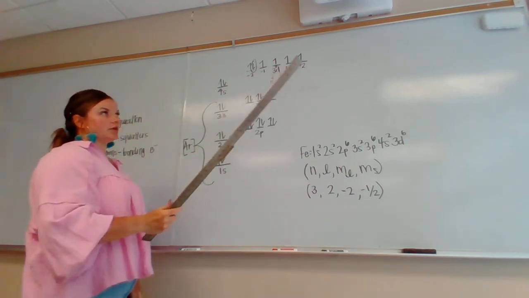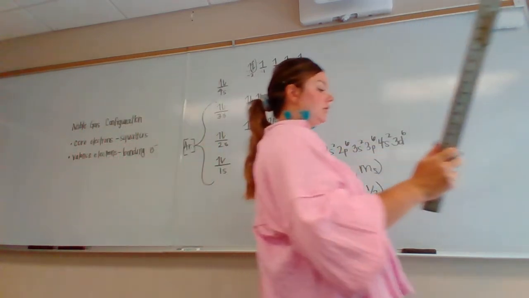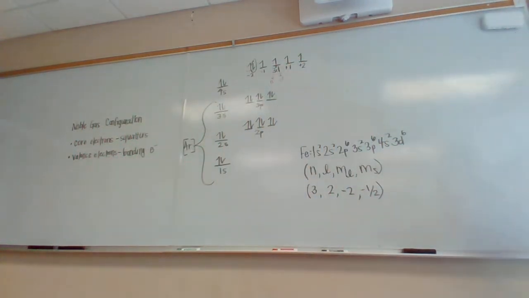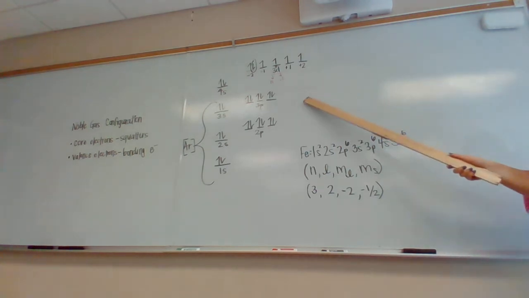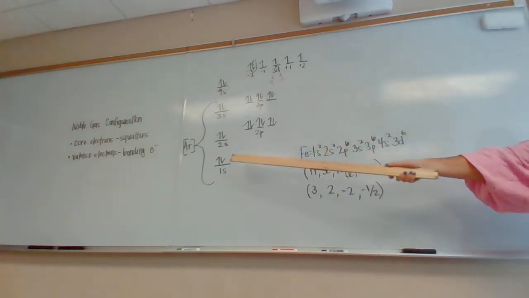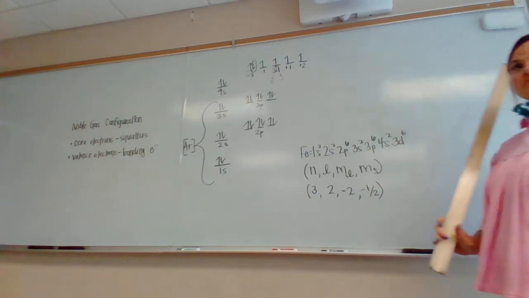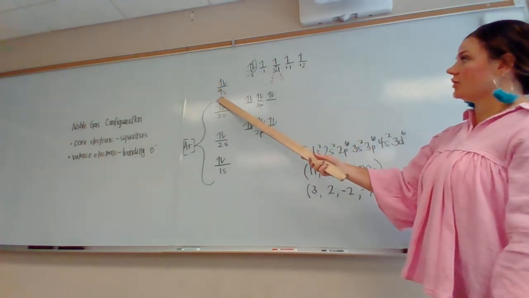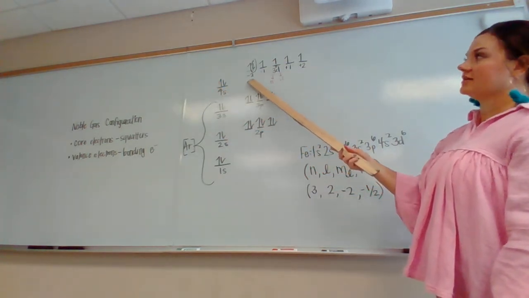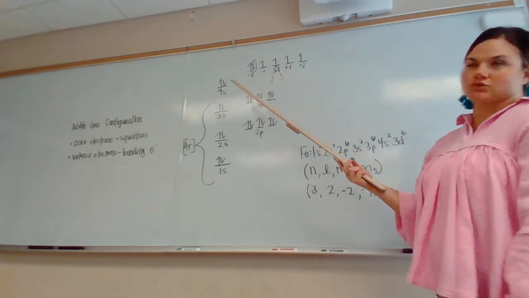Well, if I go to the third energy level, I go through the s orbital, then through 6 places in the p orbital, and I arrive at argon. So we can abbreviate all this by using argon. Then we'll just show the valence electrons because that's what we're interested in.